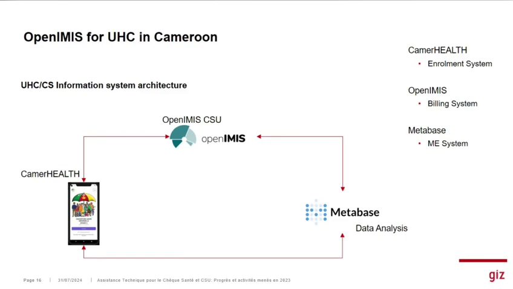It's the Camera Health System. The Camera Health System is the one producing the MPI, the master patient index, and sending it to openIMIS. And we have a duplicate database for openIMIS with Metabase, and with Metabase we can analyze all the data. So we transfer all the data from Camera to Metabase and from openIMIS to Metabase to be able to analyze them and to compare them.